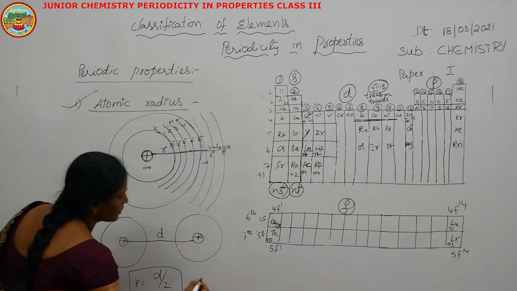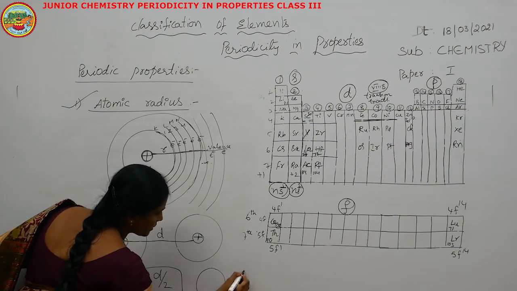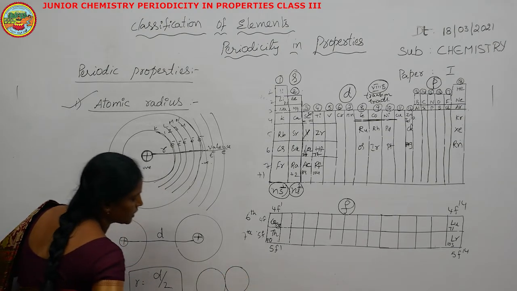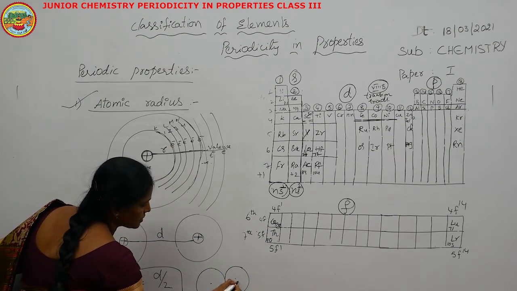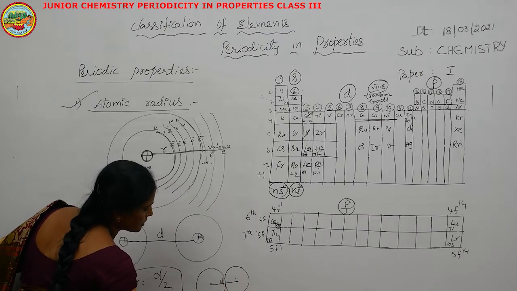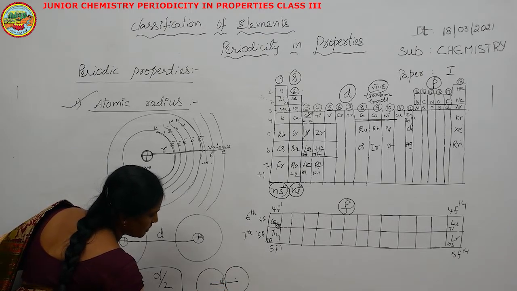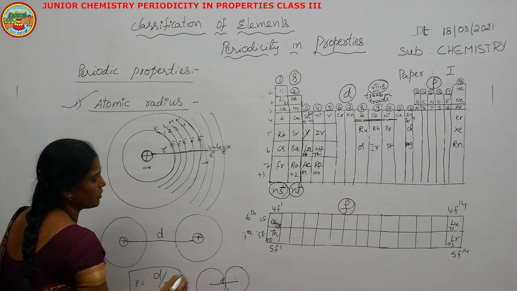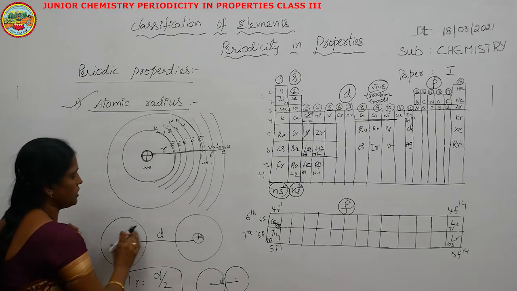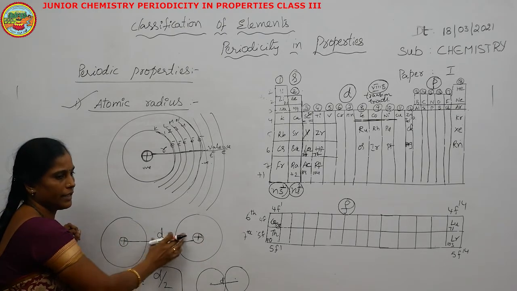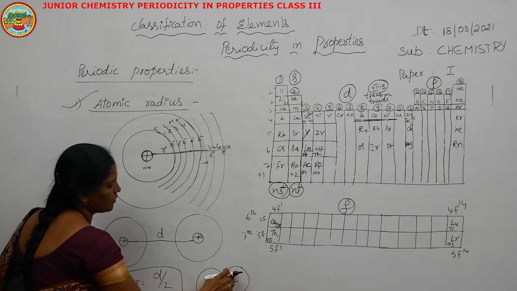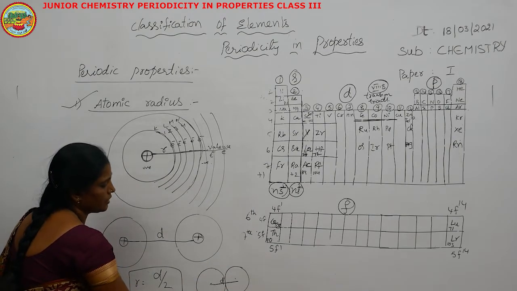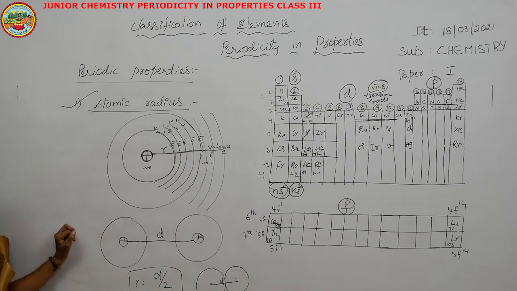If they are covalently bonded atoms like that, then this internuclear distance is d, and d by 2 is called the covalent radius.